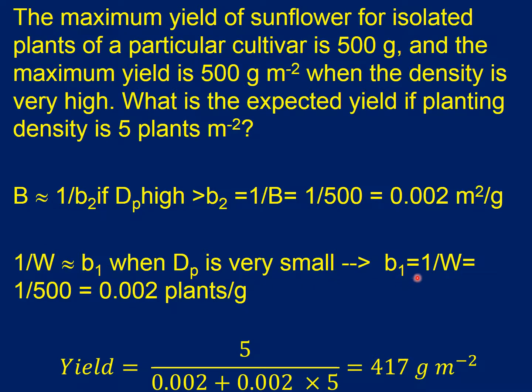Therefore, b1 is equal to 1 over 500, in other words, 0.002 plants per gram. Now, applying the previous equation, we calculate yield as 5 over 0.002 plus 0.002 times 5. In other words, 517 grams per square meter.